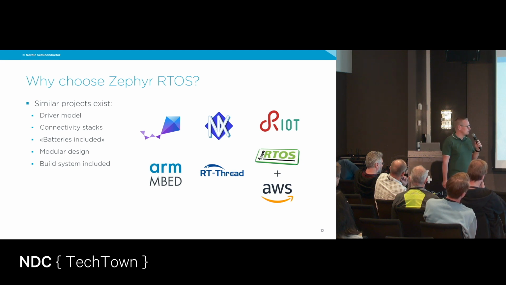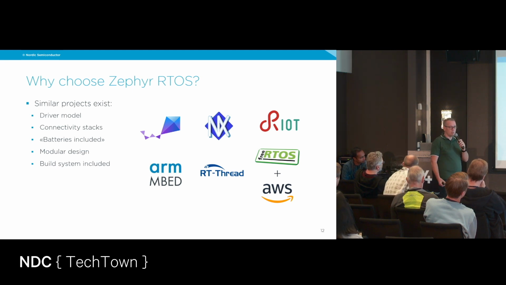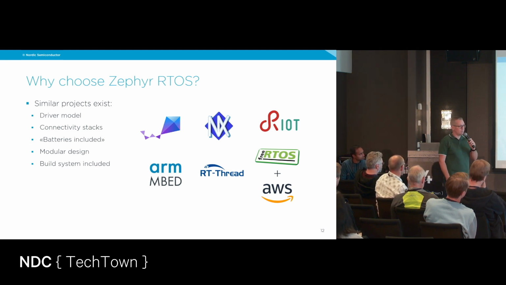a Chinese initiative. FreeRTOS and Amazon Web Services are doing something together to create a package, and what they're trying is similar: you have an RTOS, but you also have a driver module, and you integrate the connectivity stacks into one common project. It's like the battery included term from Python, where when you download a software package, you get everything.